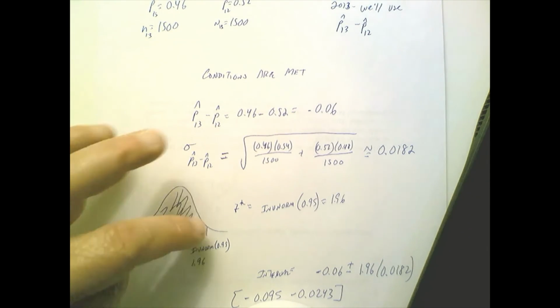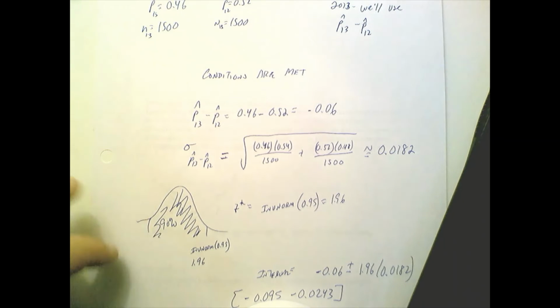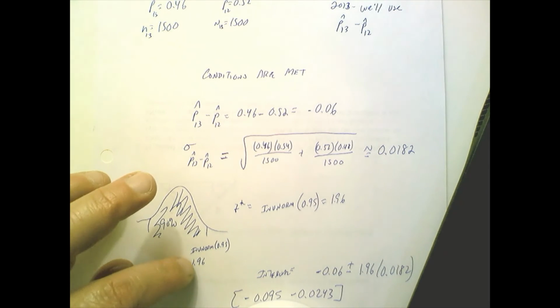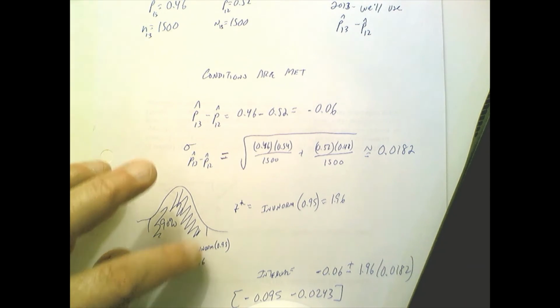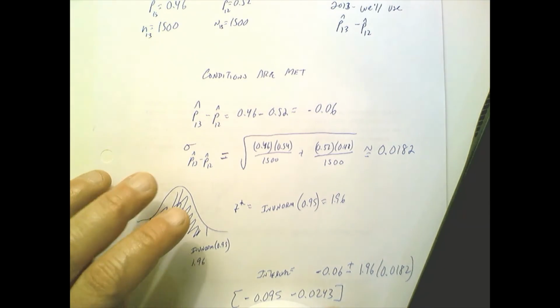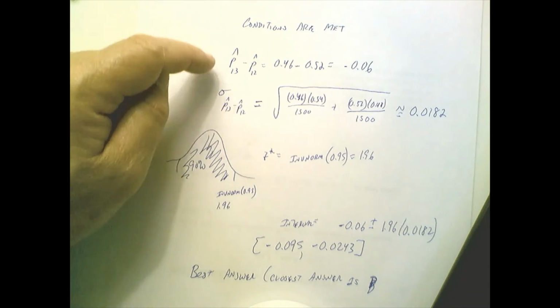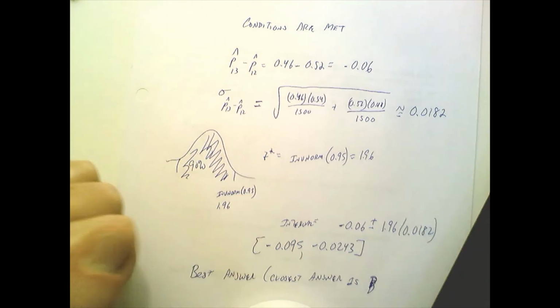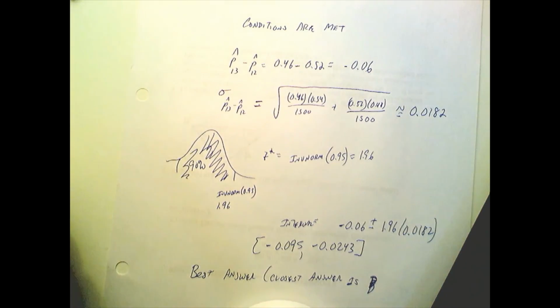We need a 90% confidence interval. So here's my nice little shaded diagram of 90. What do I know? 5% this way, 5% over here. That location is the 95th percentile, inverse normal, 0.95, gives me 1.96. That becomes my z value. And so our interval is nothing more than negative 0.06 plus or minus our z value, 1.96, times our standard error, 0.0182.